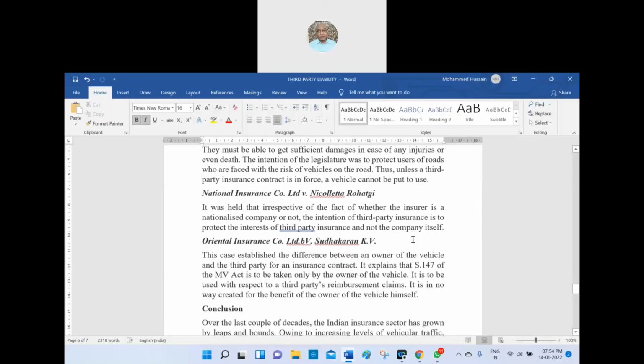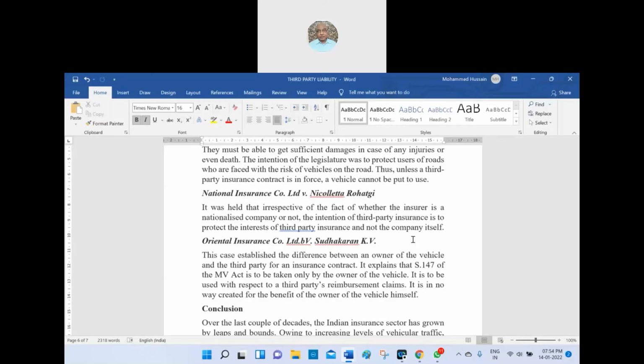National Insurance Company Limited versus Nicoletta Ruhatagi. It was held that irrespective of whether the insurer is a nationalized company or not, the intention of the third-party insurance is to protect the interest of the third party and not the company itself. See, there are many private insurance companies, but there are also nationalized insurance companies.